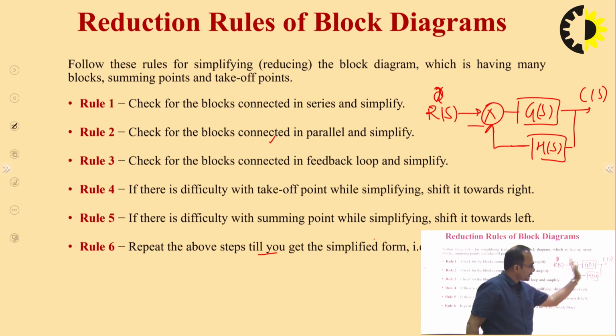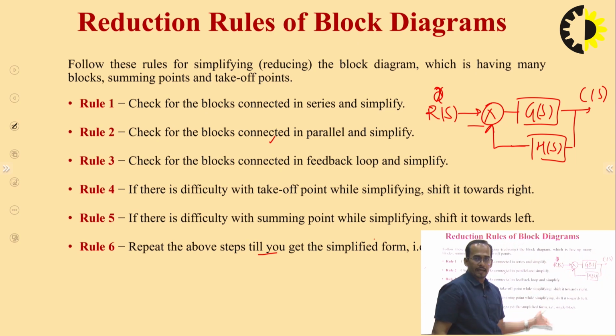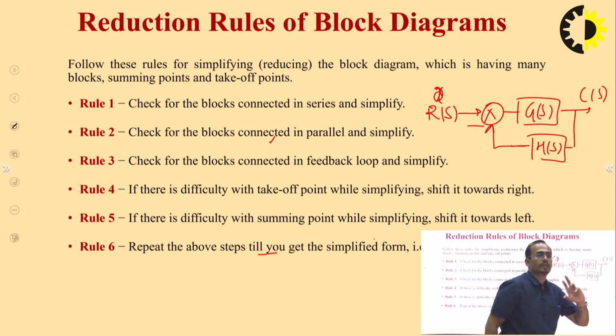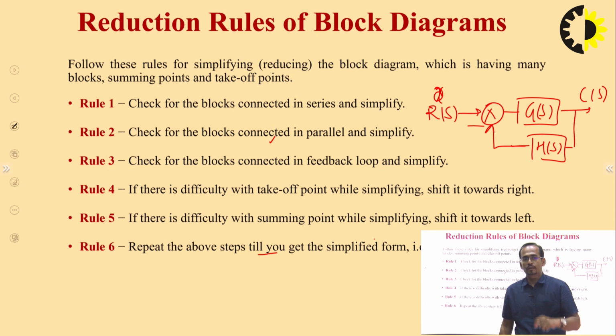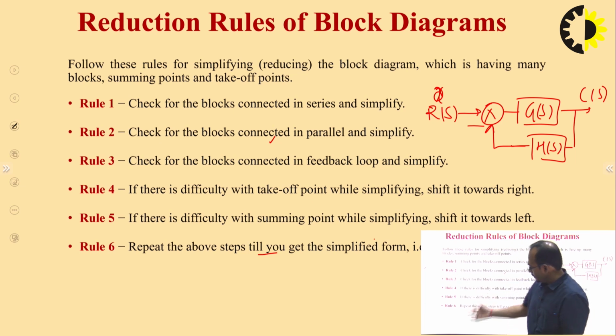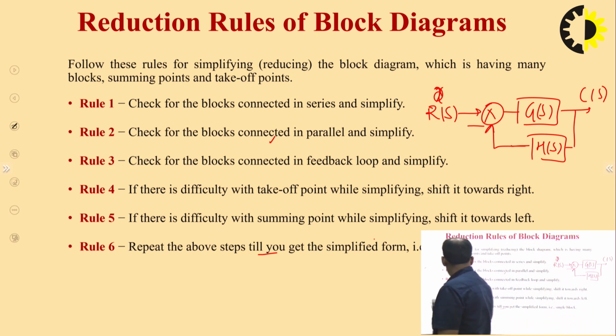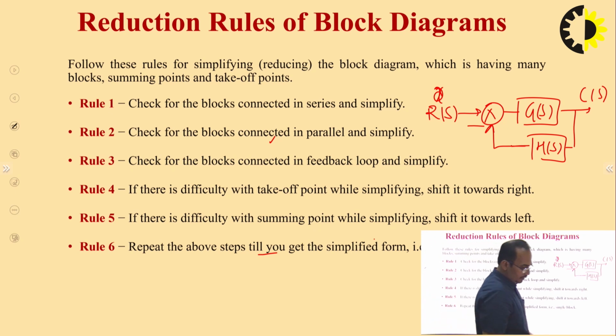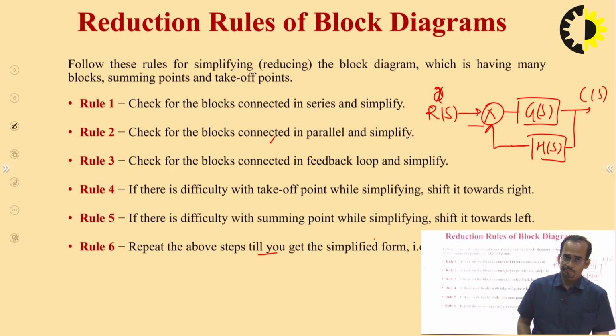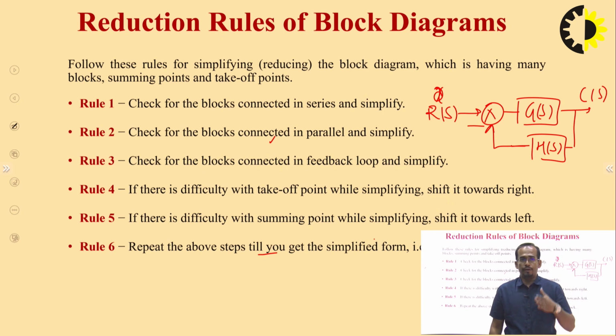So if you are shifting the takeoff point towards the right and shifting the summing point towards the left, then you are trying to convert the given block diagram into the standard canonical form of the closed loop system. In rule 6, repeat the above steps till you get the simplified form, that is a single block diagram. So these are the rules for reducing and simplifying the block diagrams.